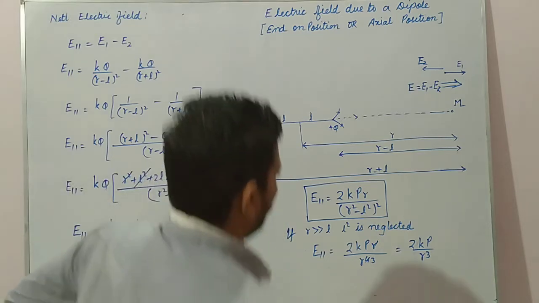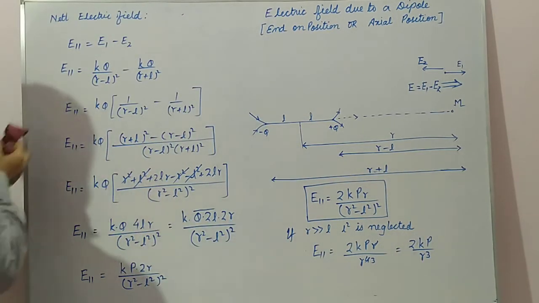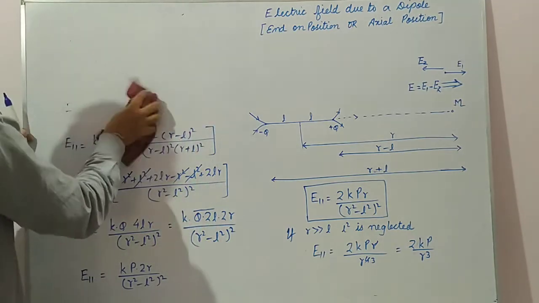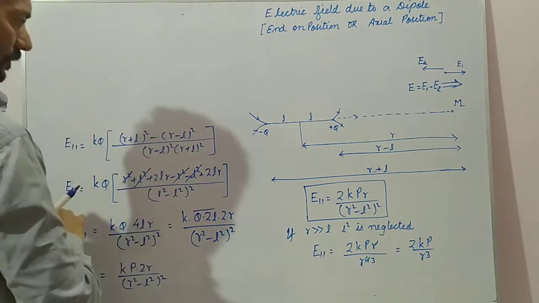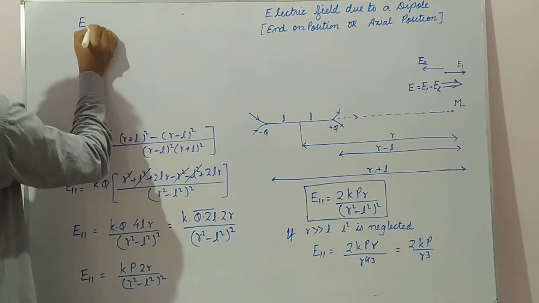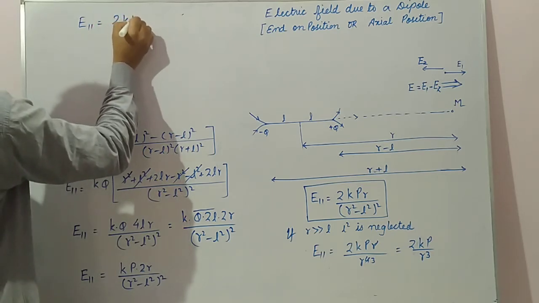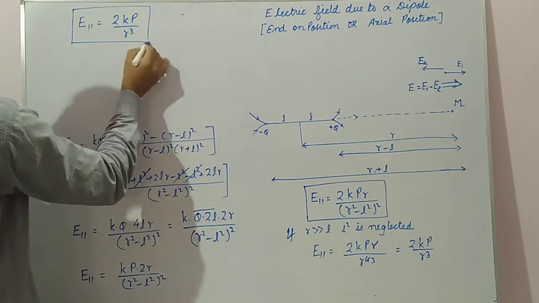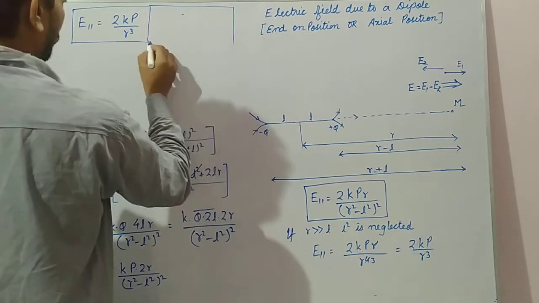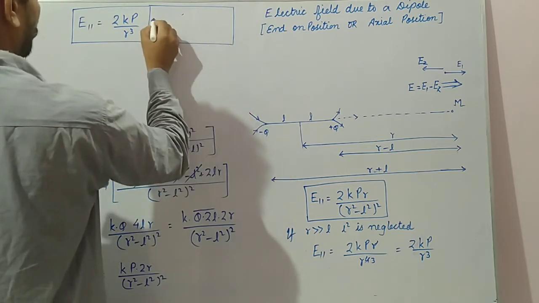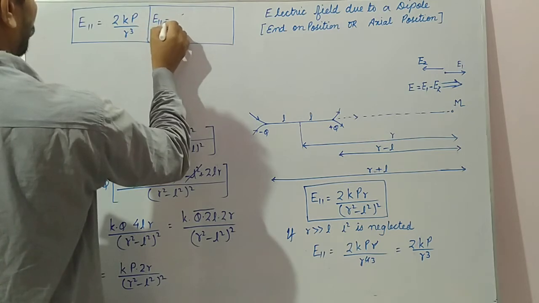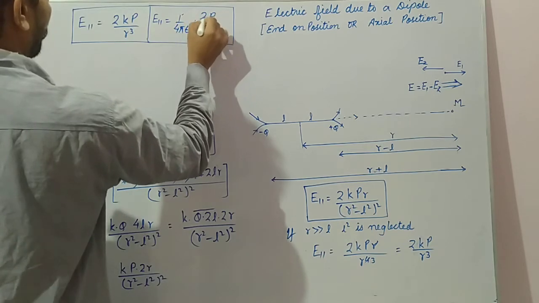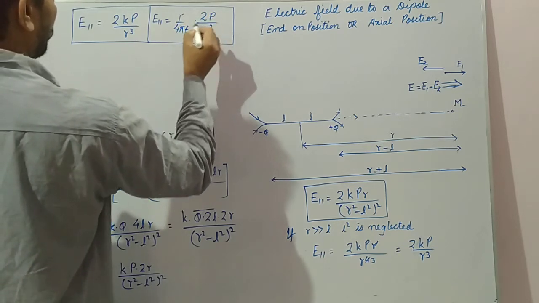So electric field will be equal to 2kp by r cube. K means the electrostatic constant. Sometimes it is also written in terms of 1 by 4 pi epsilon naught, so electric field is also written as 1 by 4 pi epsilon naught times 2p by r cube.